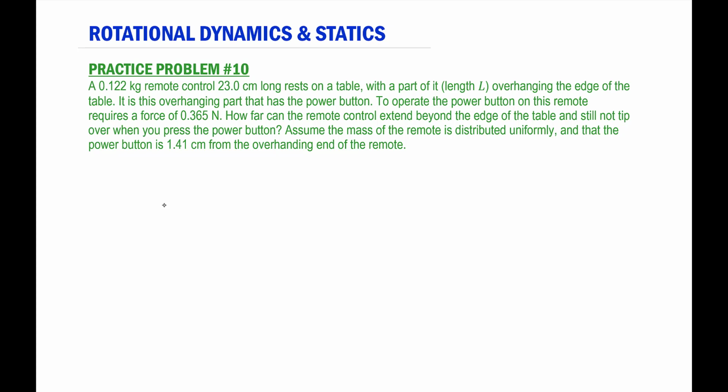And what else can we label? Should probably label some forces. So we'll move to green for the forces. At the center of mass, you have the force of gravity acting on the remote control, which is mg.